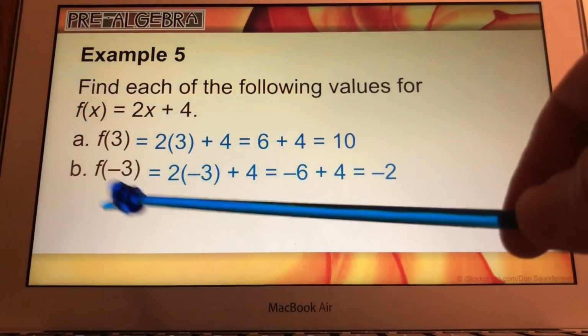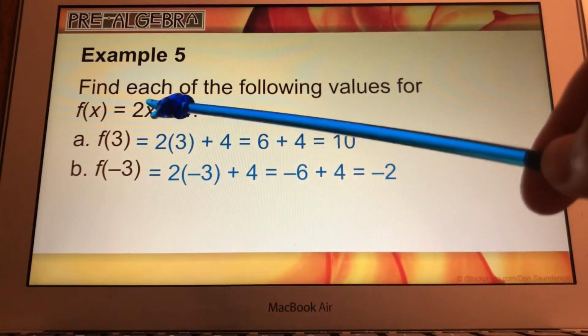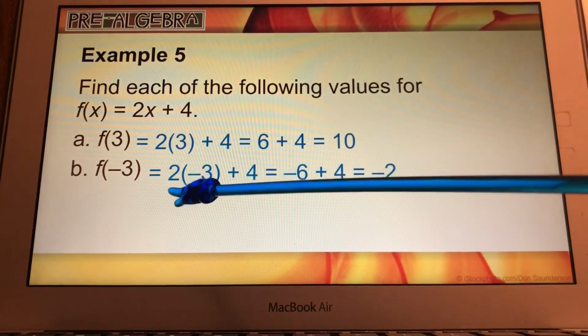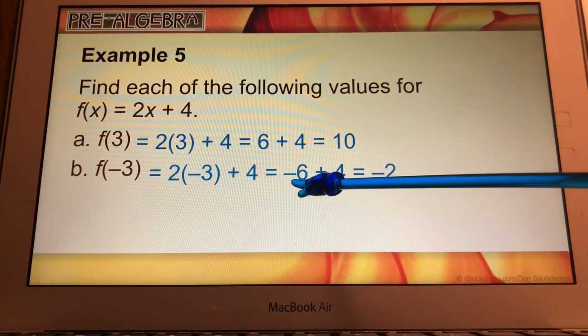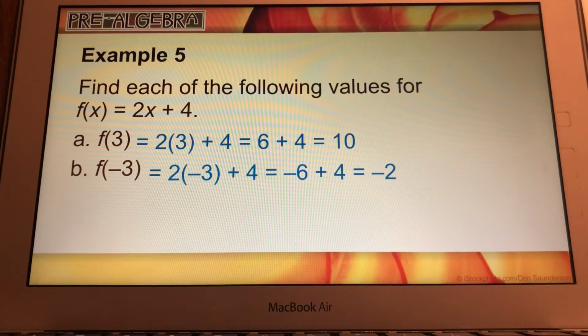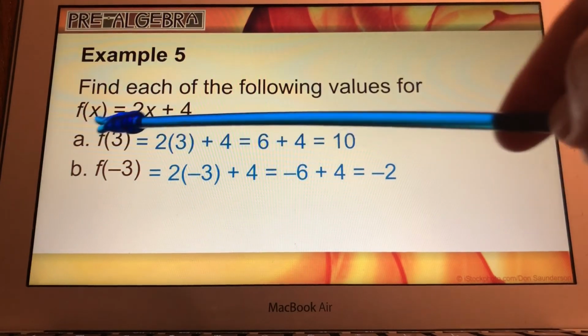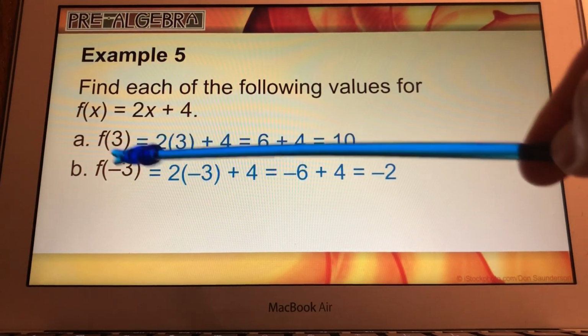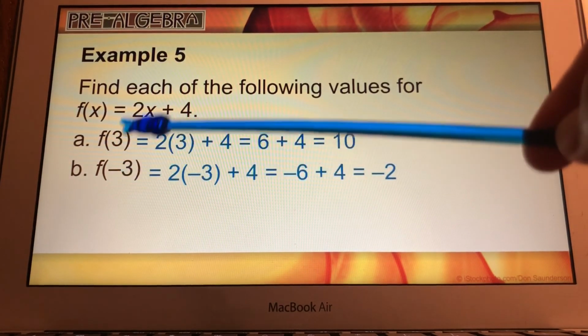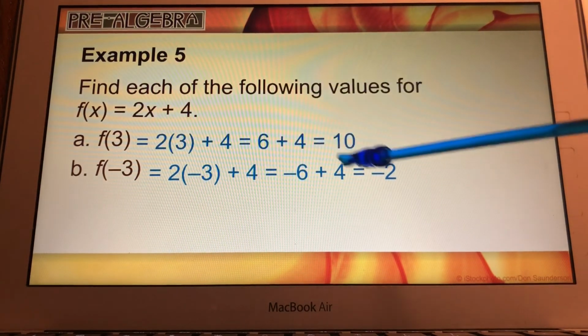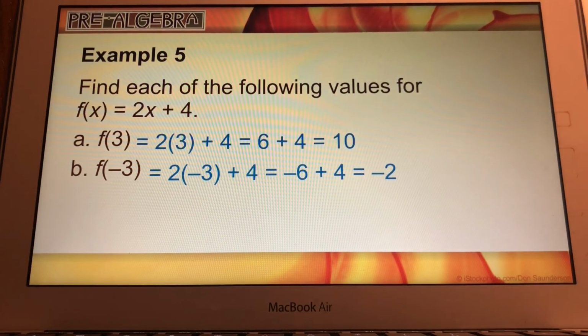So if I have f of negative 3, I'm going to plug in negative 3 for the x. So that's going to give me negative 6 plus 4, and it gives me negative 2. So in other words, these equations mean you're just taking the value that they have for the x, and you're plugging it in, and then that gives you the value for the function.